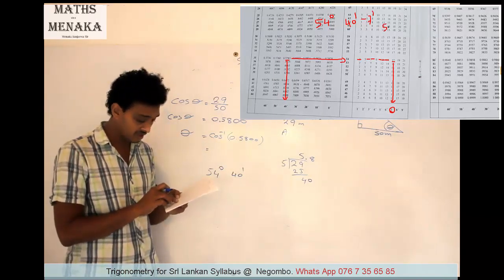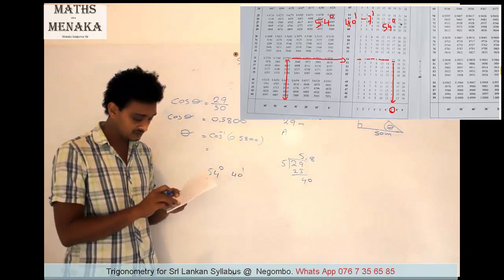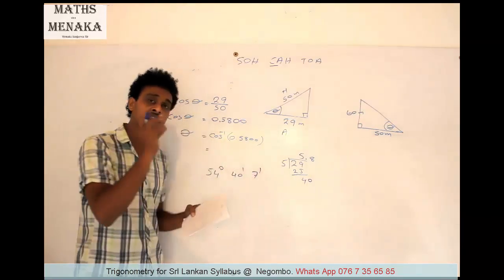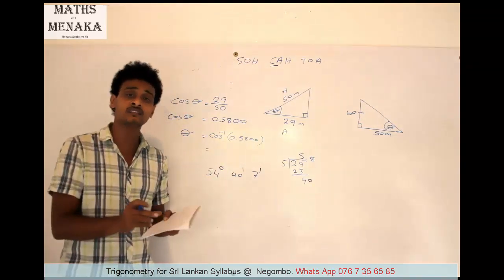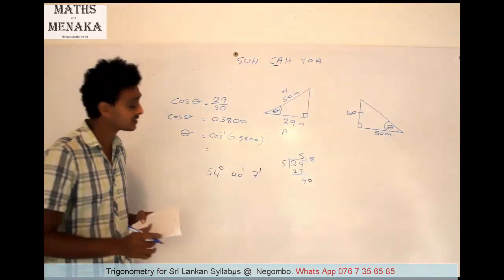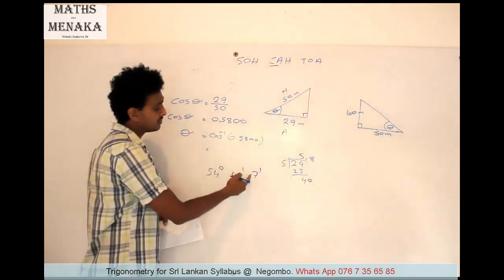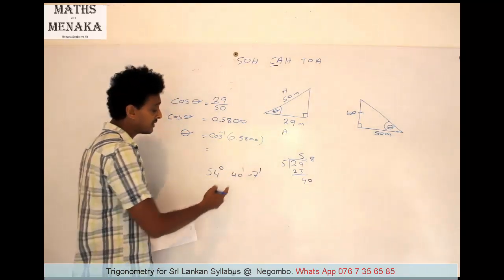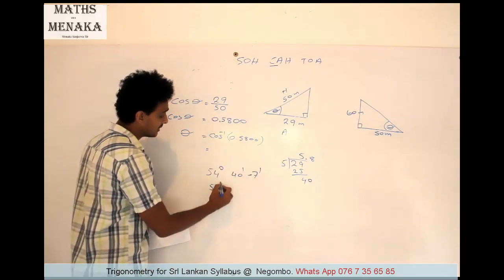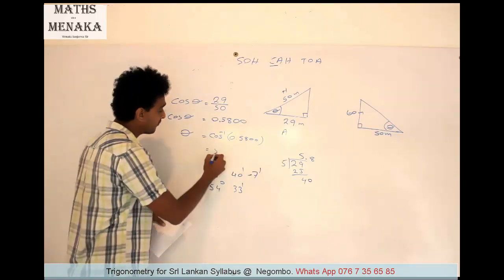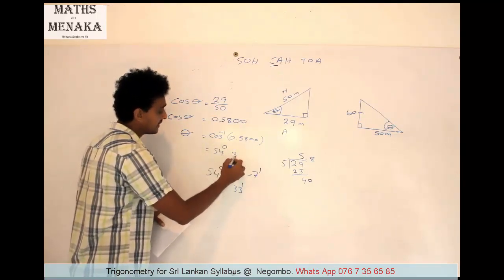The 17 you have to get from the mean difference. The value is 7. Remember, when you are finding cos or cos inverse, always you have to subtract the mean difference. From 40 minutes, when you subtract 7 minutes, you will get 33 minutes. The answer is 45 degrees and 33 minutes.